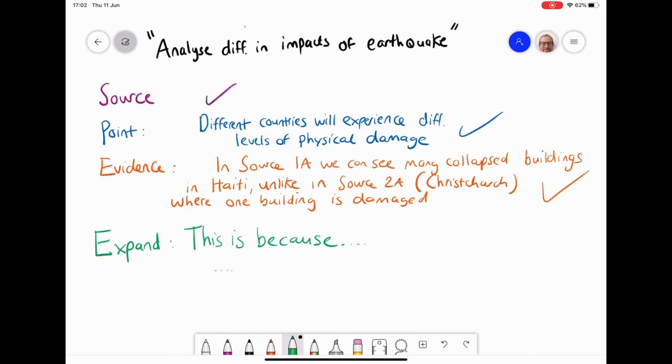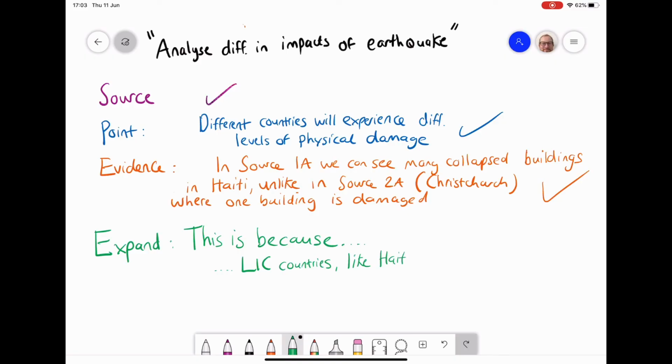So now, once we've looked at the source, we've found a good point and evidence to back it up, we need to expand that. This is where we are looking for those relationships between cause and effects, maybe between the different components. So we've said there's something to do with physical damage and that different countries experience different levels. So how I've expanded this is I've related it back to the idea of money here.